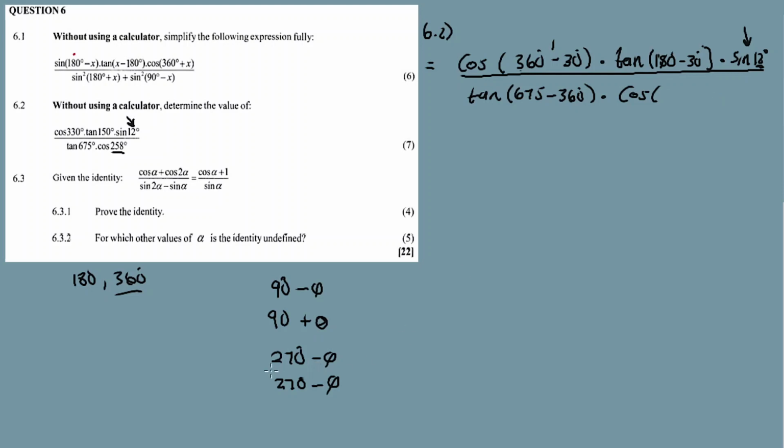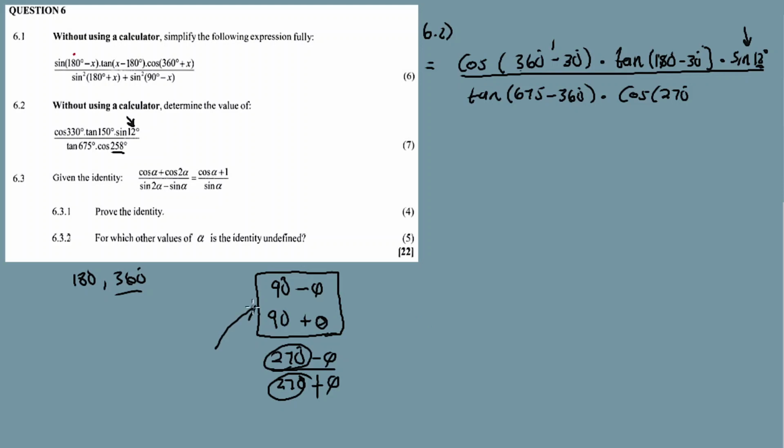So I will apply this one. It's only 270, which by the way is also a co-function. 270 minus and 270 plus, these are special angles now, I mean co-functions. I know some are used to these ones.